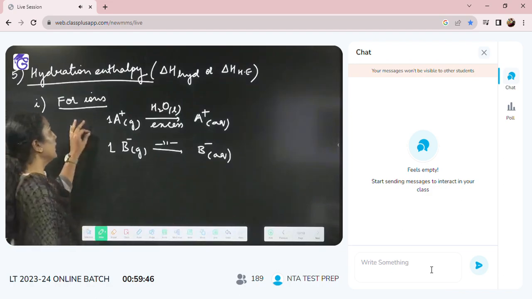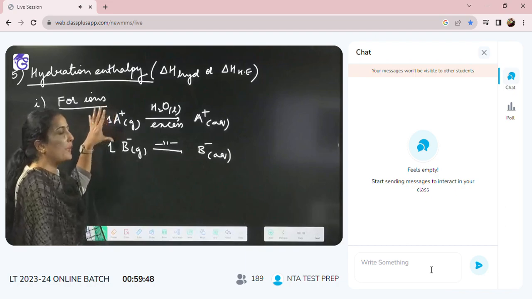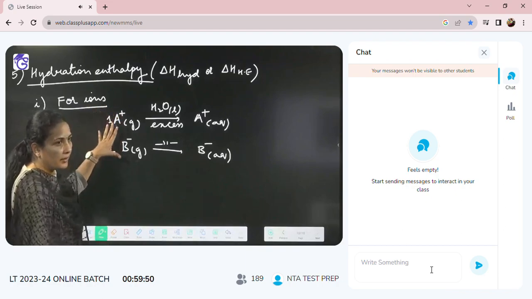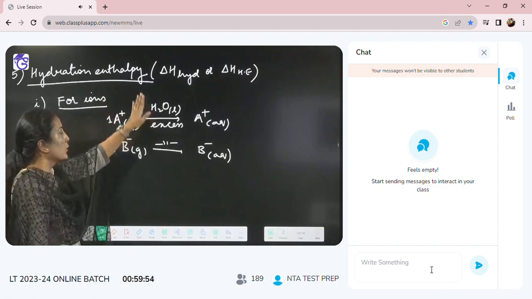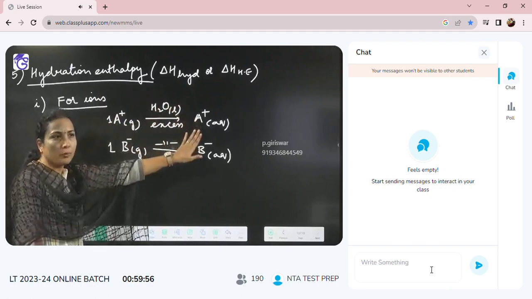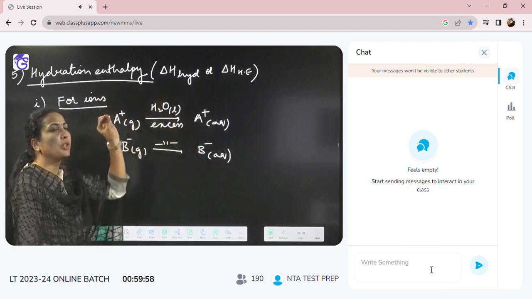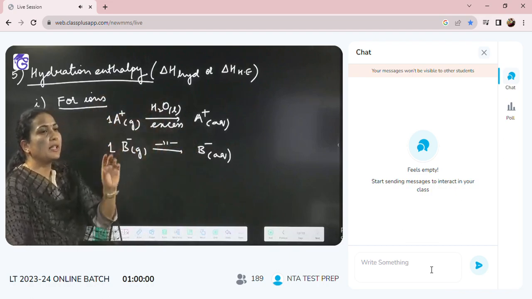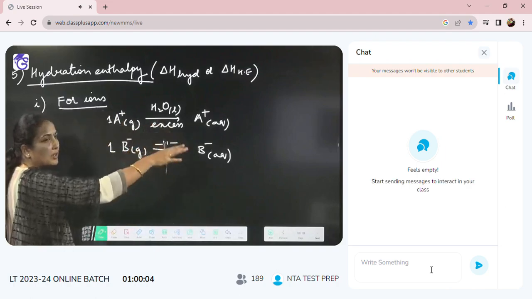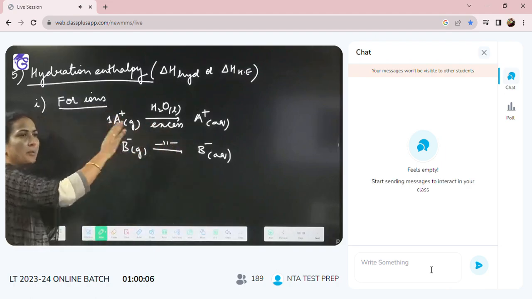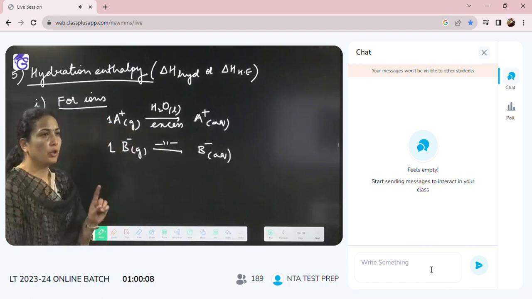Okay, now you pay attention here. Now I am saying, if at all I take 1 mole of any isolated gaseous ion, and if I dissolve that in excess of water, so that aqueous ions could be formed, the enthalpy change during that process is known as hydration enthalpy. So I'll write down here, and I've written general ions here, so I can replace H plus, Na plus, or else Cl minus here. Are you able to understand?